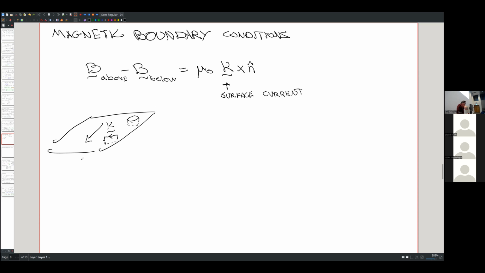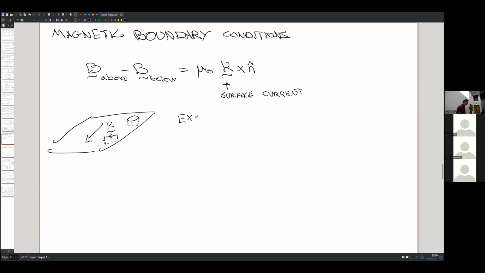If there is a current going through the loop like this, there will be a discontinuity. That's how you derive this. So I would suggest as an exercise that you derive this boundary condition from that logic, just to make sure you really understand it. I think it's a good exercise.